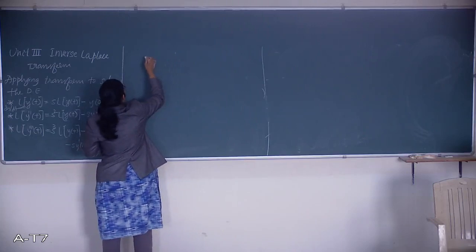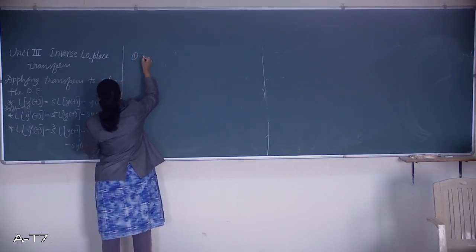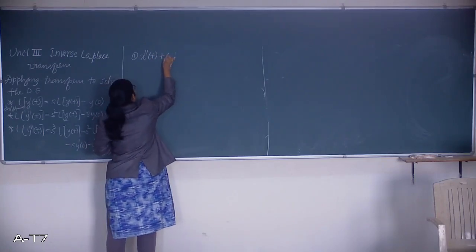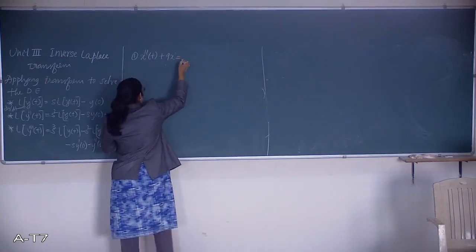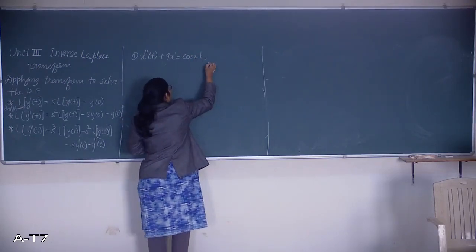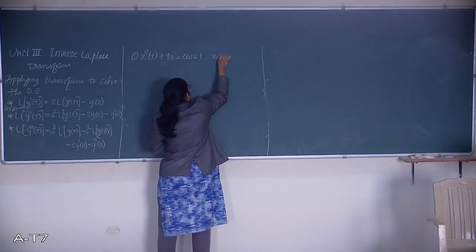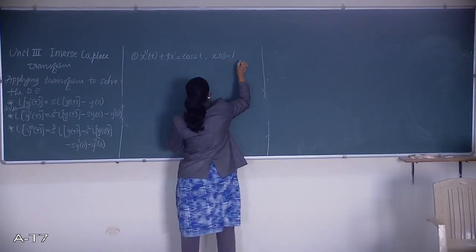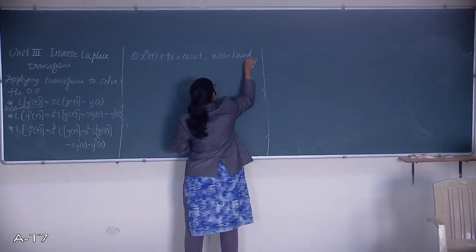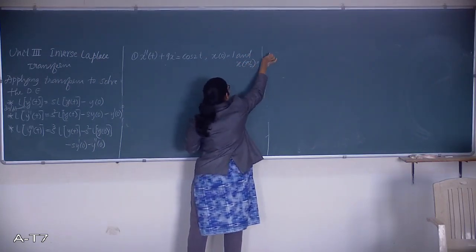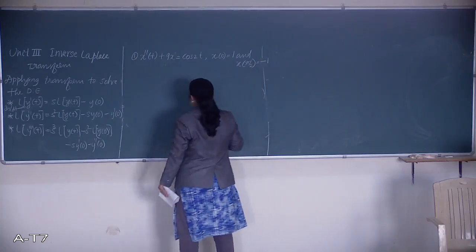So here one example I have taken, that is x double dash of t plus 9x is equal to cos 2t, and given is what? X of 0 is 1, the initial value is given, and x of pi by 2 is minus 1.